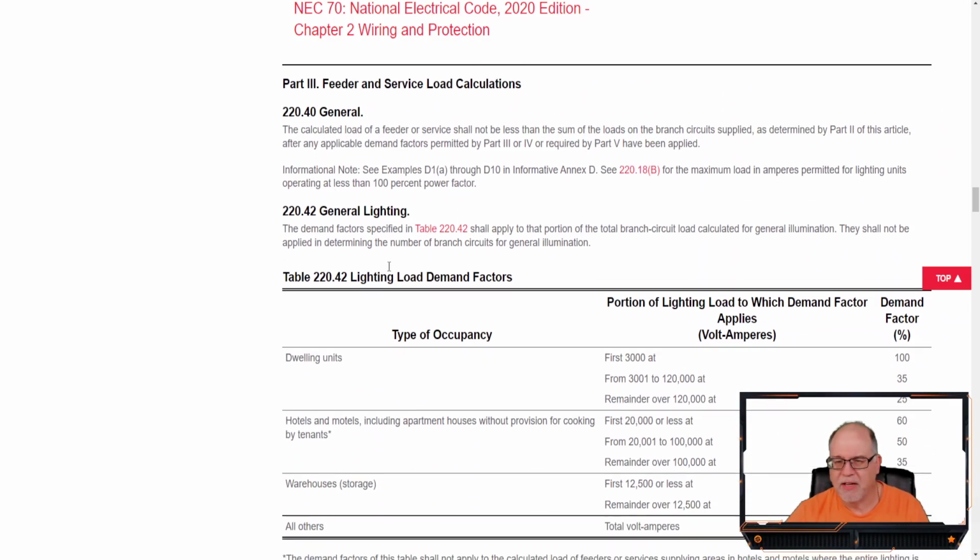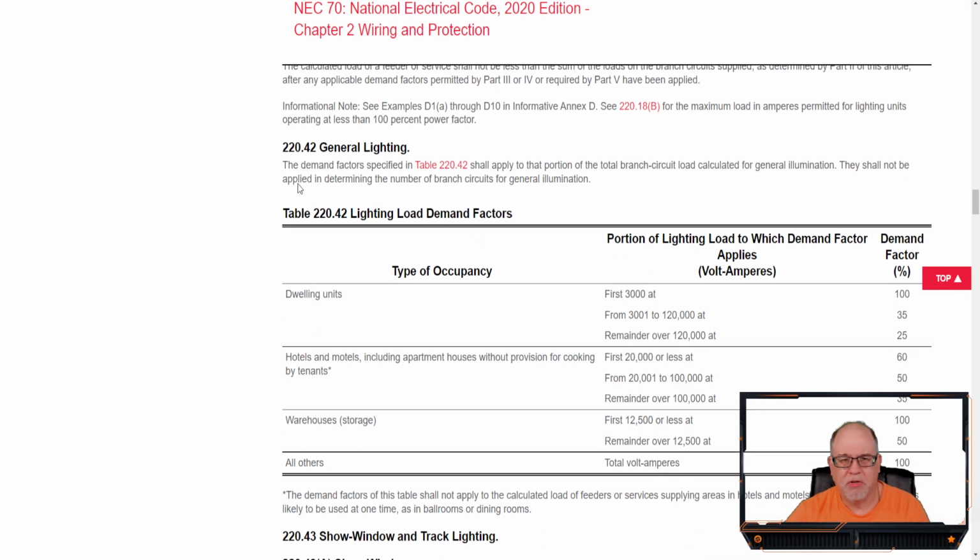Here's what it says. 220.42: the demand factor specified in Table 220.42 shall apply to that portion of the total branch-circuit load calculated for general illumination. They shall not be applied to determine the number of branch circuits for general illumination.